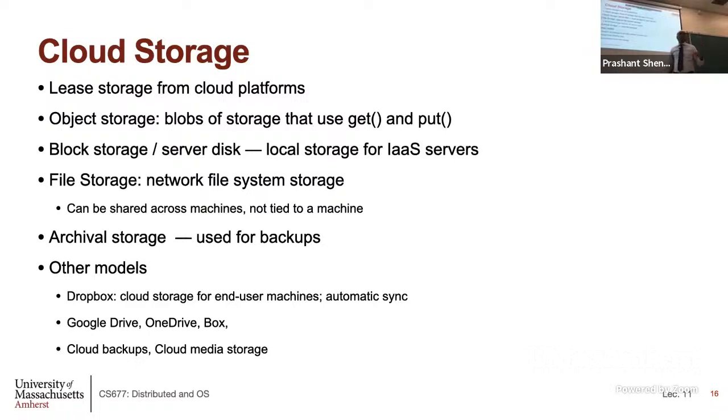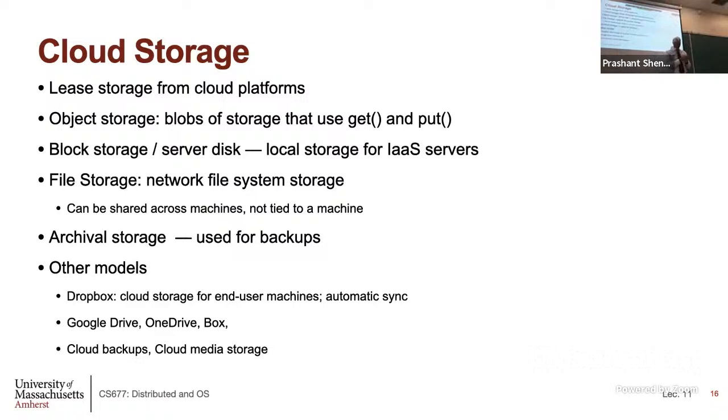Now, within storage cloud, there are actually different models that you can use. The two most important ones are object storage or file storage. When you go to Dropbox or Google Drive, you are actually storing files in the cloud. You can take a file, upload it to Google Drive or Dropbox, and you have that file.